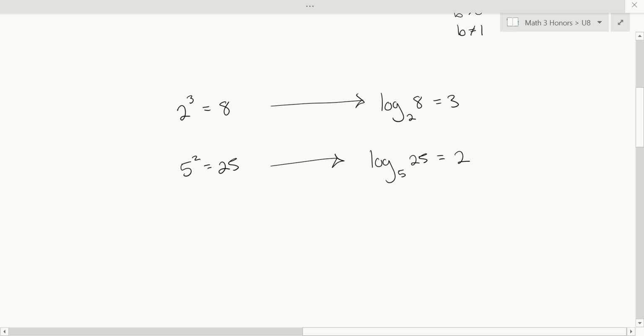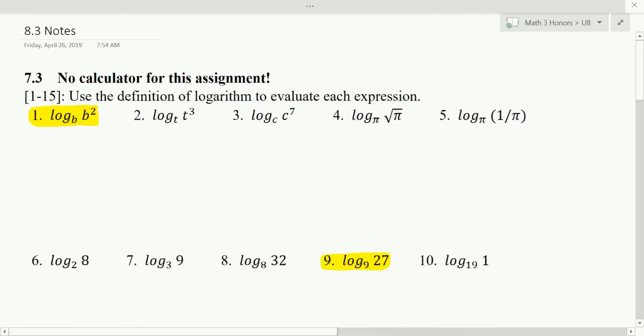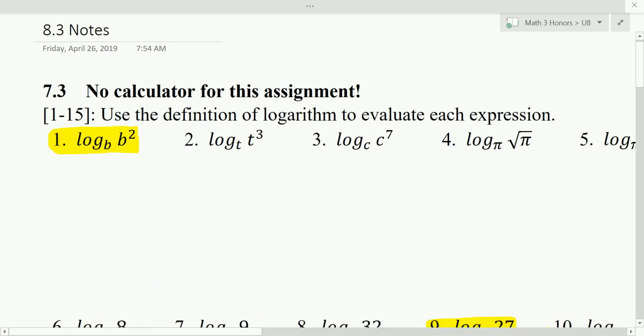So now let's look at number 1 on our homework. We're going to be going back and forth here, but number 1, we have log base b of b squared, and we want to figure out what that's equal to. So I'm going to set this equal to x. Okay, and we know b is our base, b squared is the argument, and x is the power.